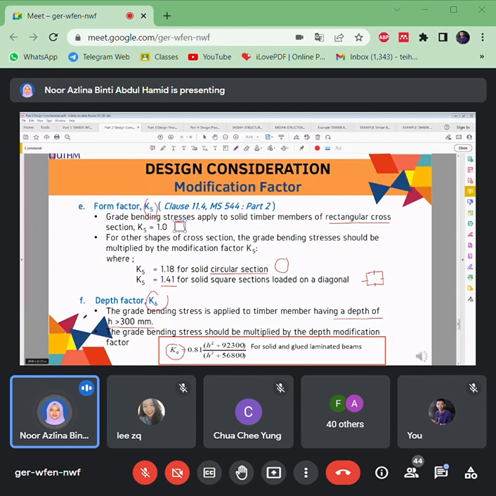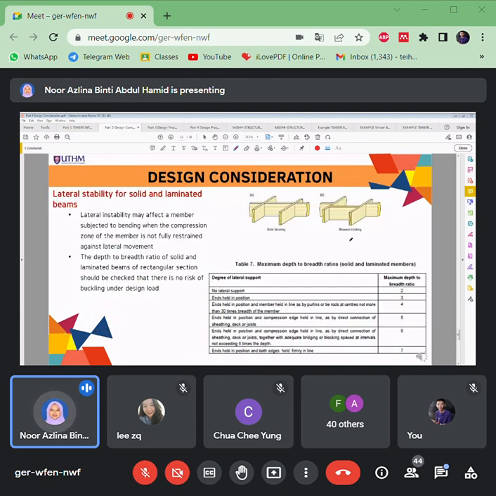If the H, the depth of the beam, is just about 250 mm, which is less than 300, then K6 is just equal to 1. If H is about 500 mm, which is more than 300 mm, you have to use one of these equations to know the K6 value. Just replace with 500 in order to know the ratio for this K6.